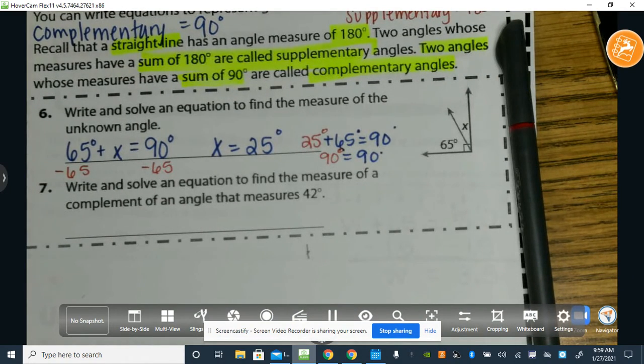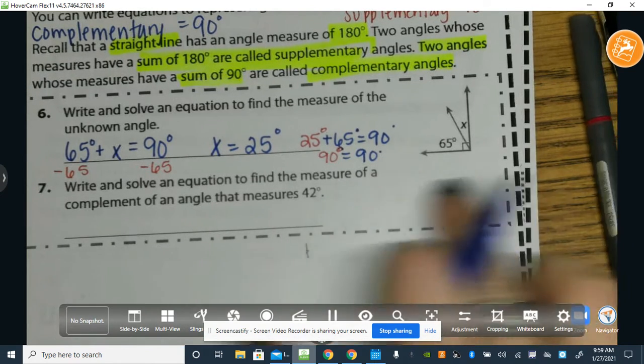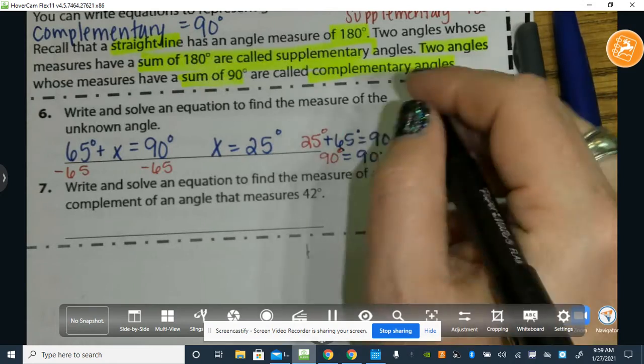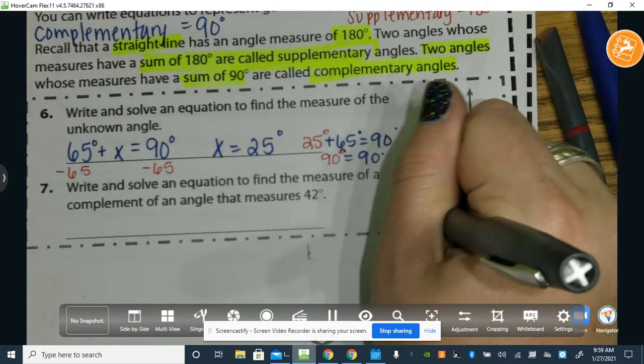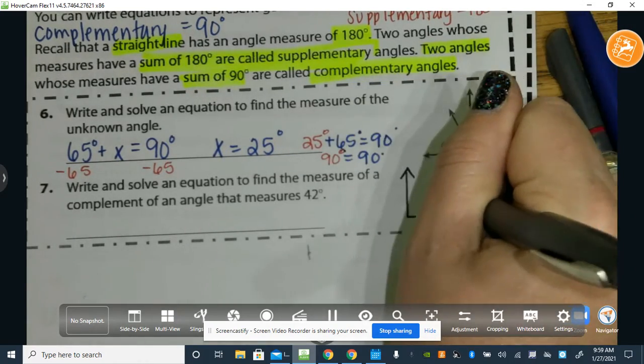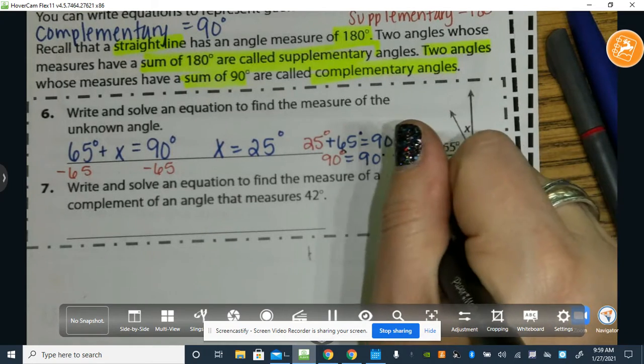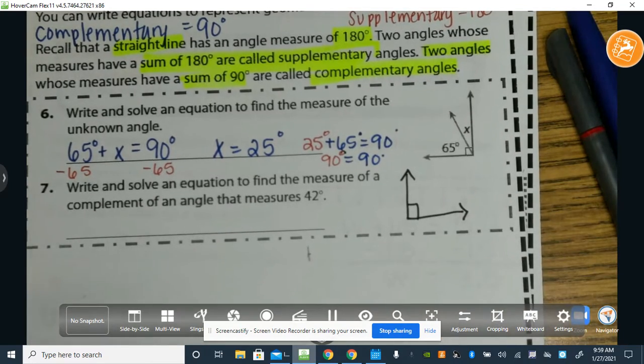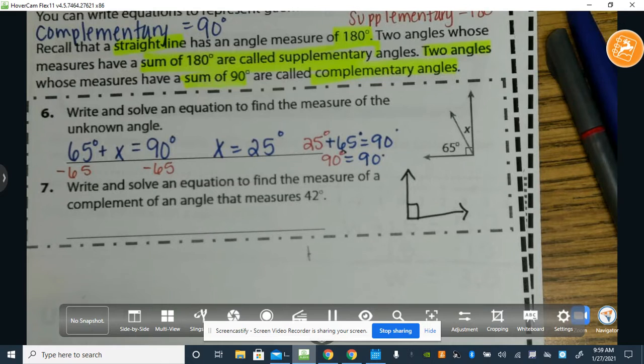Okay. Number 7. So write and solve an equation to find the measure of a complement of an angle that measures 42 degrees. Okay, so complement. Even though I do not have a drawing here, I'm going to draw an angle that's 90 degrees. Now, it probably is not exactly 90 degrees, but I'm going to put a box in it to tell someone that it's 90 degrees.